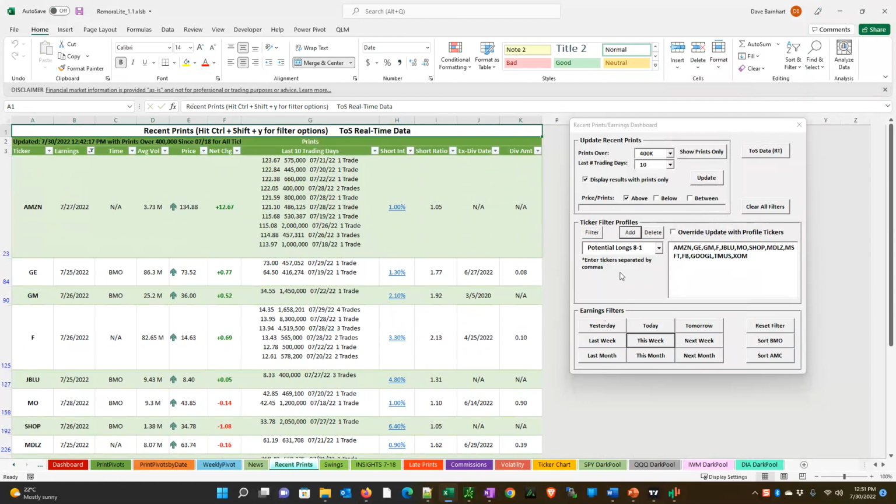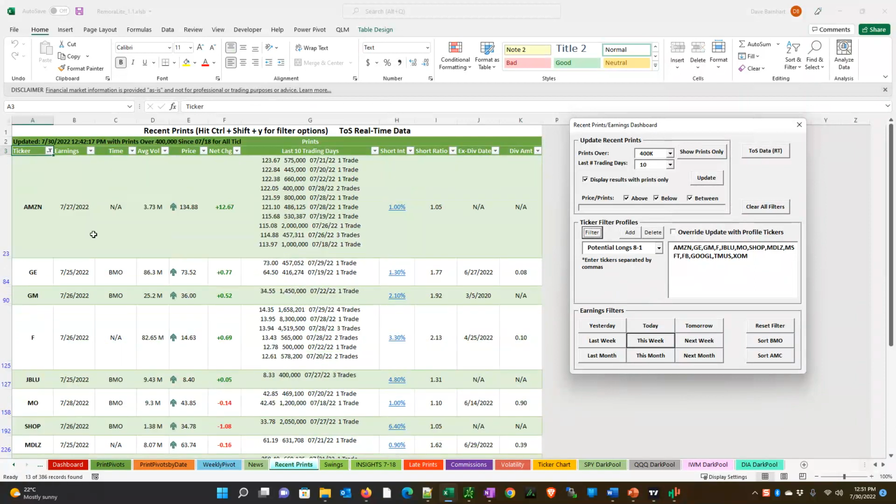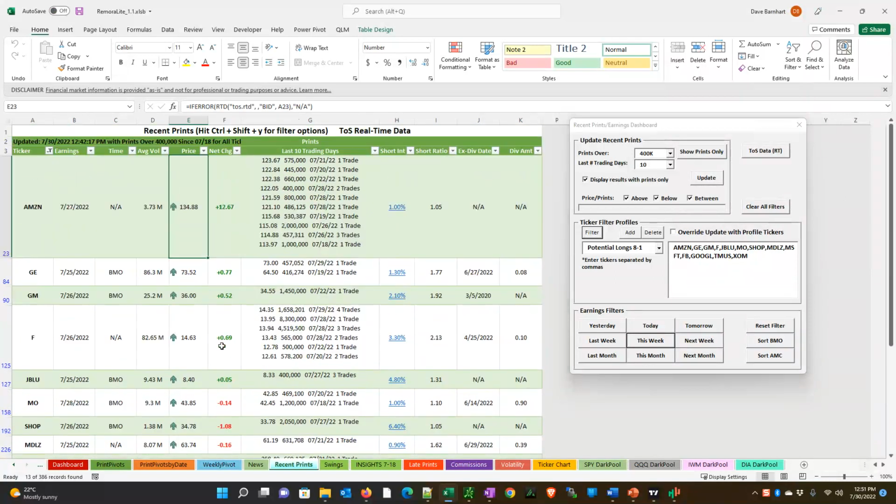But since I've labeled this, if I choose clear filters and then I select mine from the list here and choose filter, then that's everything that I selected. And I can see where those are in respect to everything else. So you can have as many as you like here.